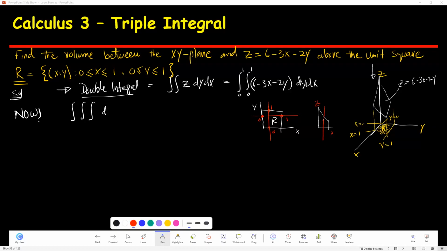At these two points I'm going to be cutting. So it's going to be 0, and then the equation of this plane, 6 minus 3x minus 2y, which is just given. So I'm going to write dz dy dx.